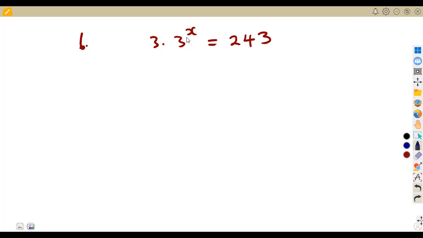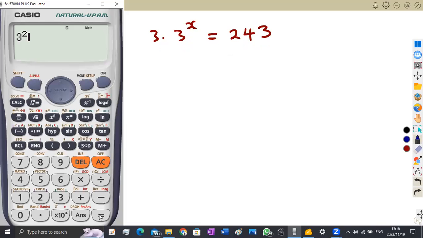So what do you do? You try to raise this number here in terms of 3, until you get 243. If you do not know it by head, this is what you're going to do, because already you have a clue that you're working with the base of 3. So you can try 3 to the exponent of 2, you get 9, which is not 243. 3 to the exponent of 3, we get 27, which is not 243. 3 to the exponent of 4, we get 81, which is not 243. 3 to the exponent of 5, we get 243.